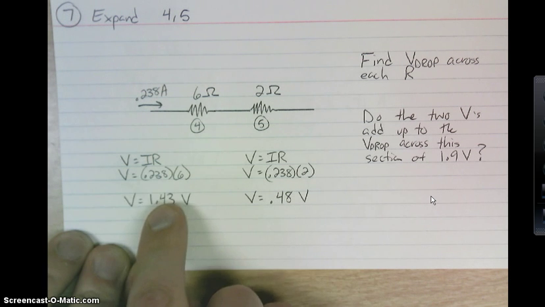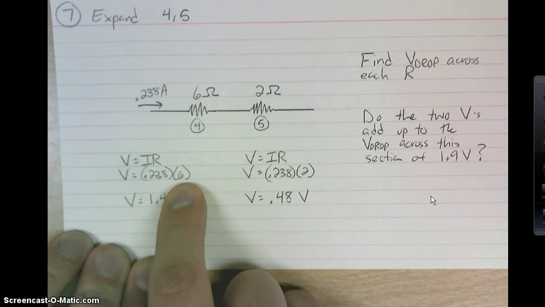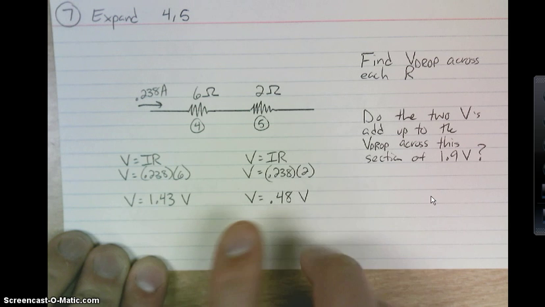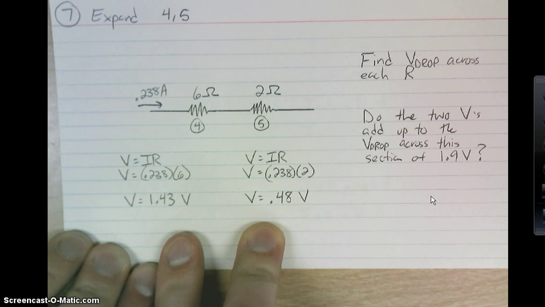So V equals IR, I use my 0.238 times the 6 ohms, and on the other one the 0.238 times the 2 ohms, and I end up with 1.43 volts across the 6 ohm resistor and 0.48 volts across the 2 ohm resistor.